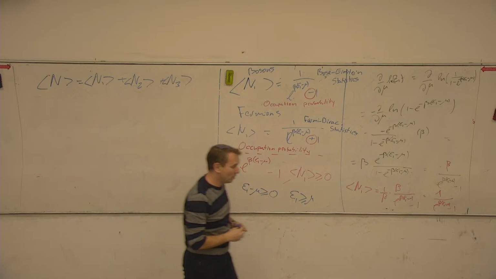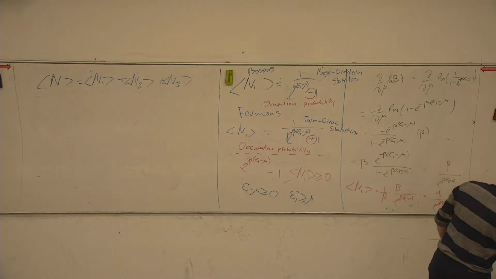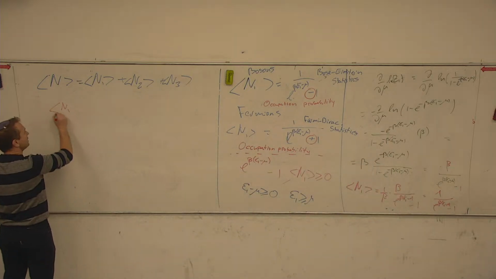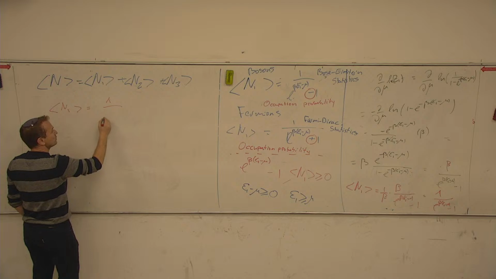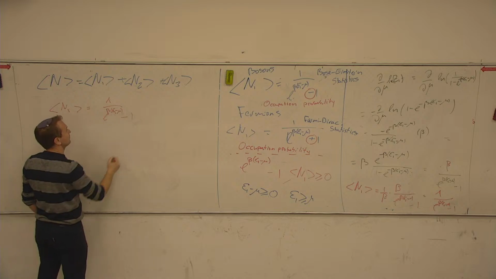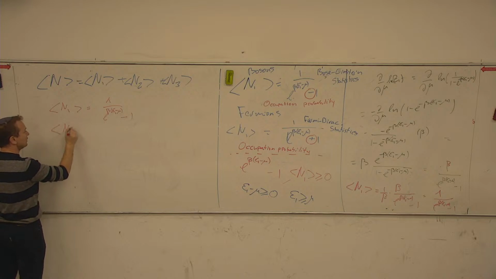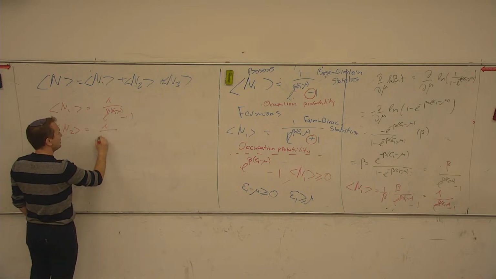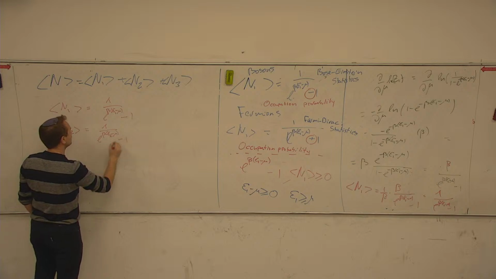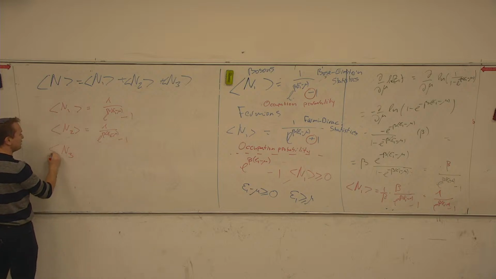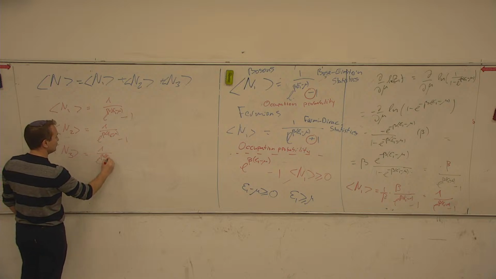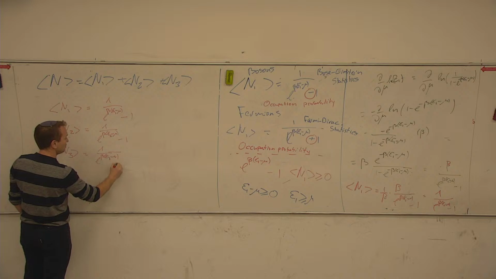Now, I can say the following thing. We know that n1 is 1 over e to the power beta (epsilon 1 minus mu) minus 1. And n2 equals 1 over e to the power beta (epsilon 2 minus mu) minus 1. And then n3 average is 1 over e to the power beta (epsilon 3 minus mu) minus 1.